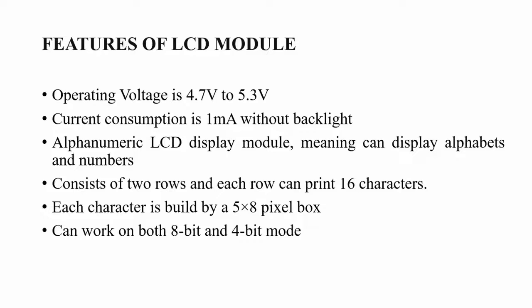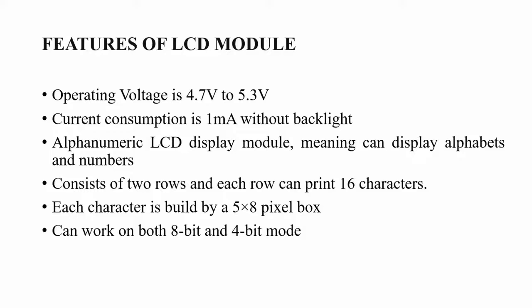I will explain later what the 8-bit and 4-bit modes are. It is also obtainable with blue and green backlight, and it can display a few custom generated characters. So these are the features of the LCD model.